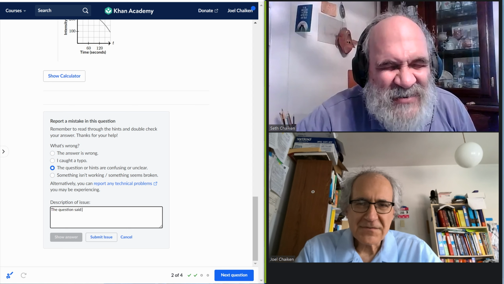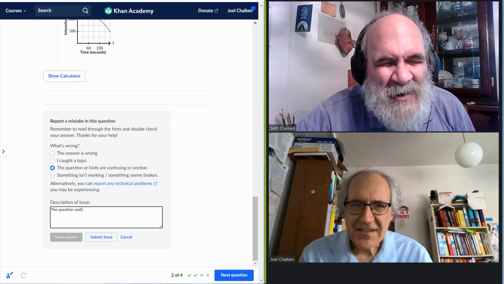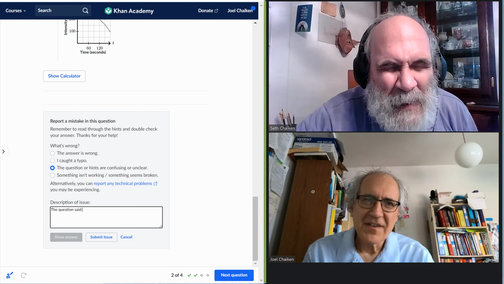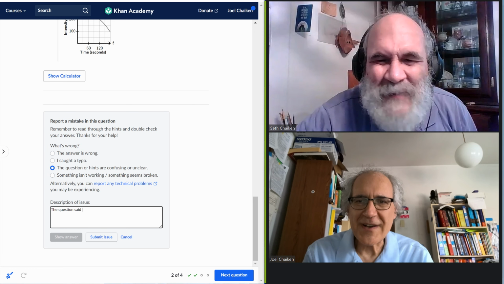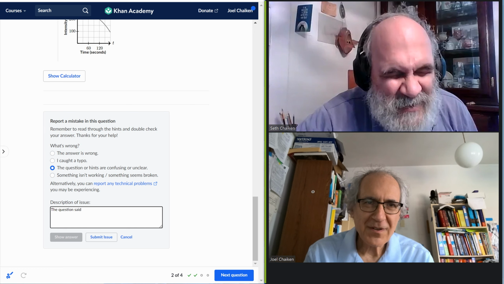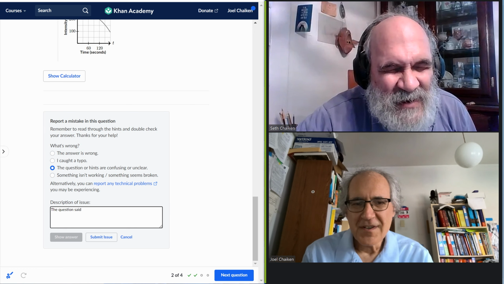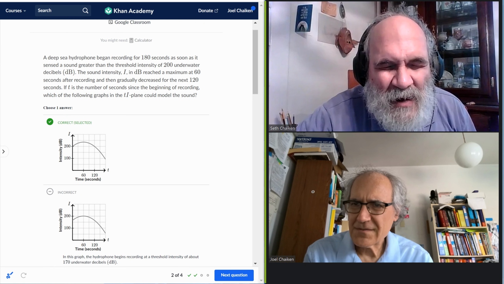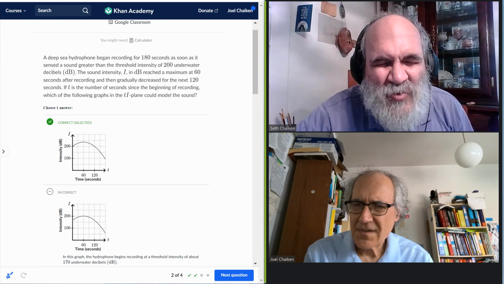It didn't suggest, it said the recording begins when the level exceeds 200. Yes, and why don't we just say the question said that the inequality should be strict? No, it said the recording begins when the level is greater than 200, but the explanation shows that the graph must start at 200.